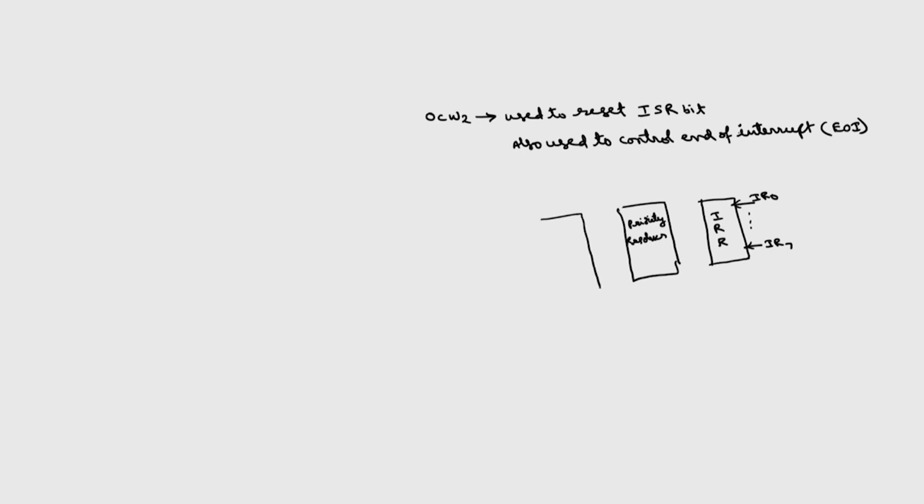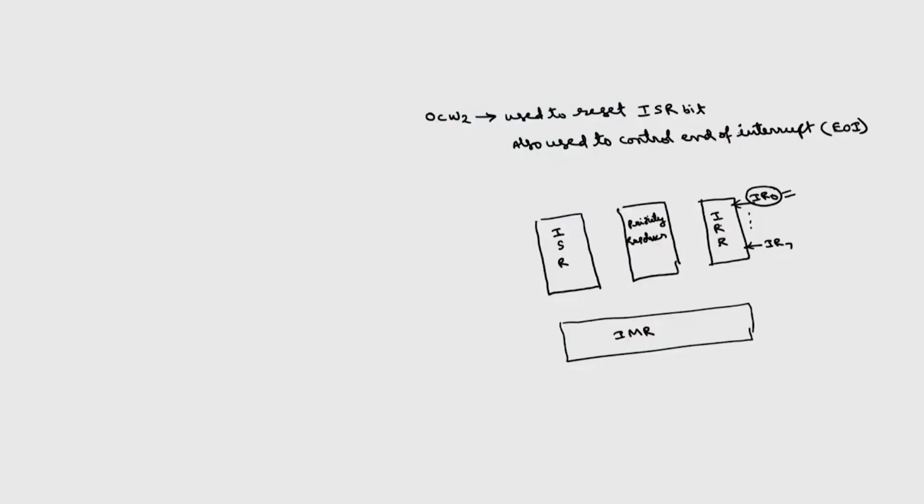Then we have here the in-service register, ISR. Of course, here we have the interrupt mask register also. So once a particular interrupt, say IR0, is serviced, how to represent the end of the interrupt?